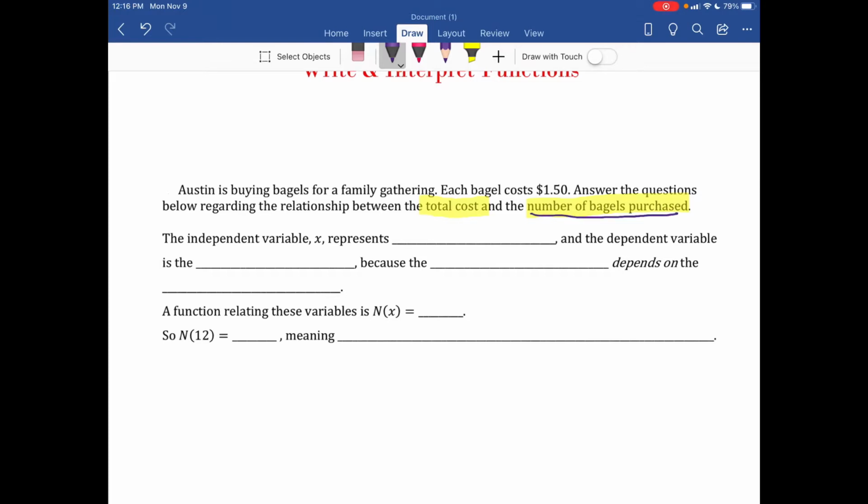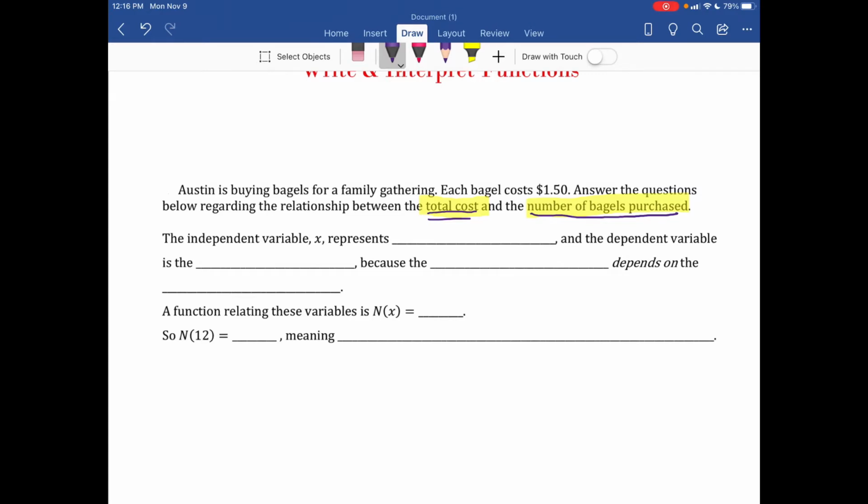So let's think about that. The more bagels I purchase affects my total cost. So when we think about it, the bagels are my independent value. My dependent is the cost.